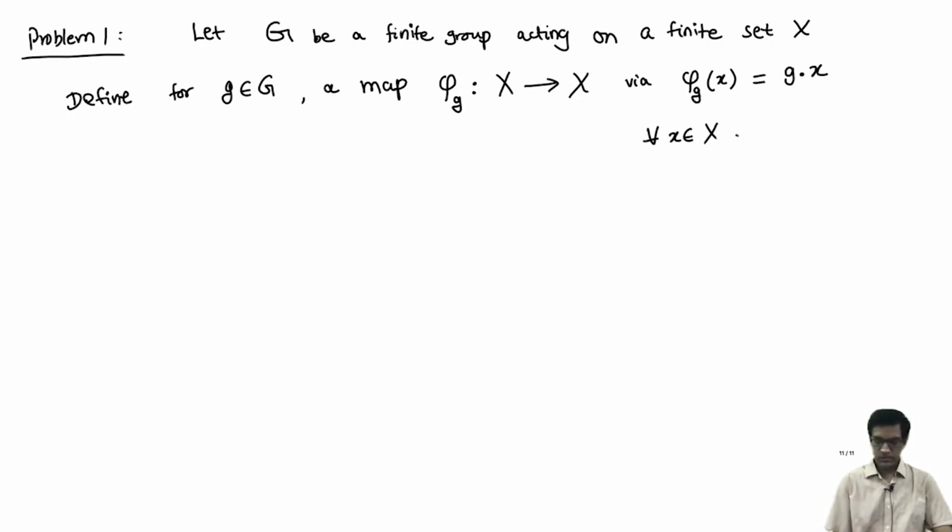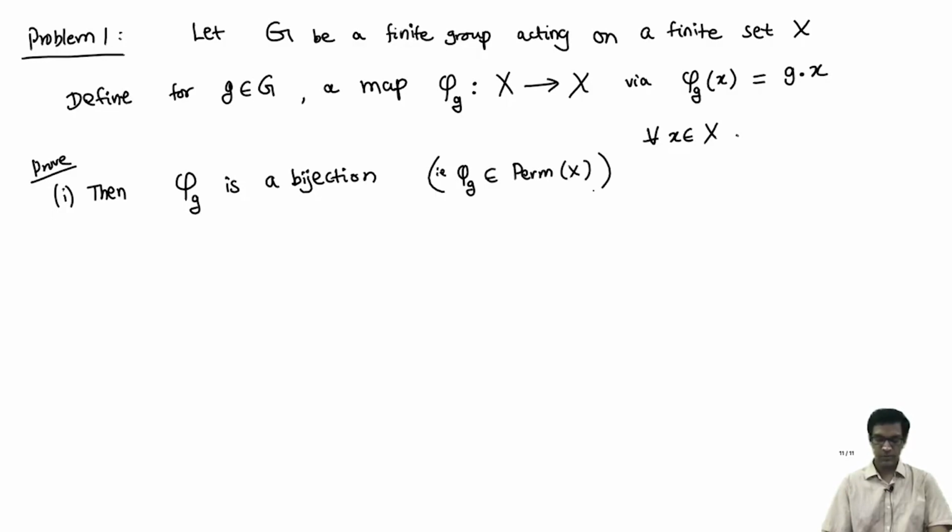Now, prove the following. These are all things we need to prove. Number one, this map phi sub g is in fact a bijection, so phi sub g belongs to perm of X, the set of all permutations, or bijections, of this finite set X. Recall, the set of all bijections is a group in its own right by composition of maps.